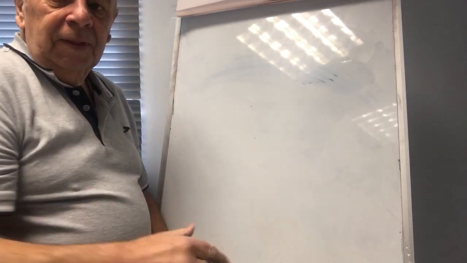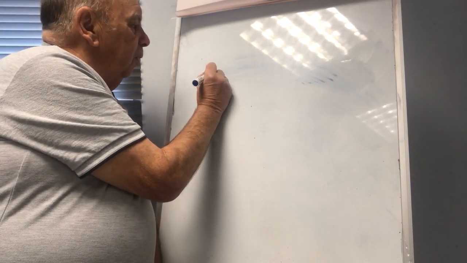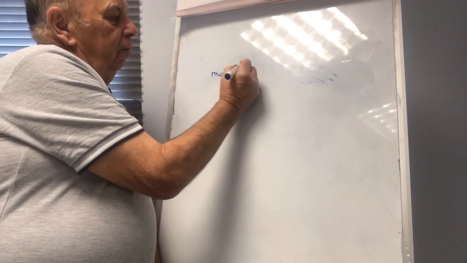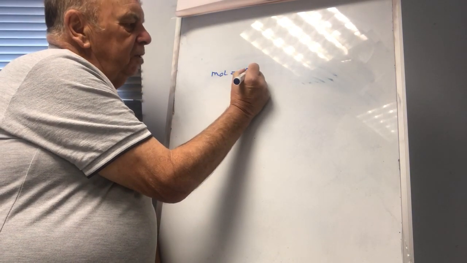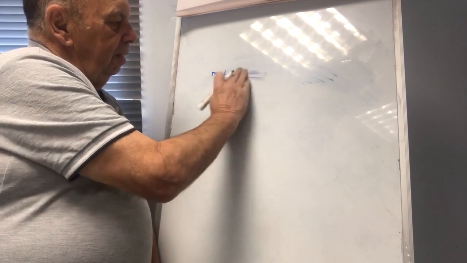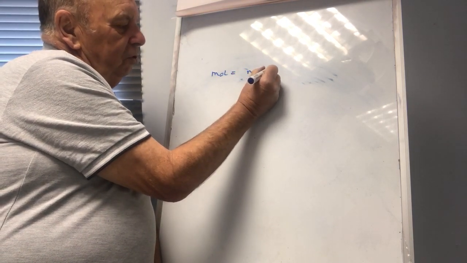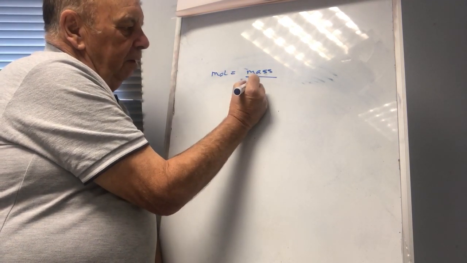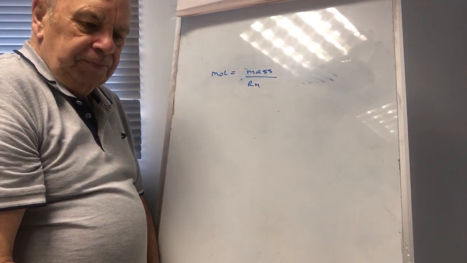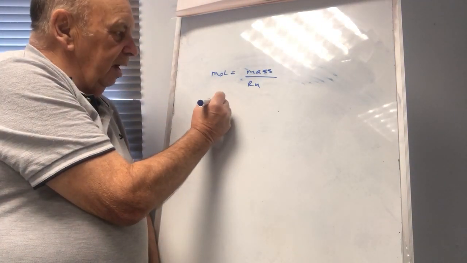Easy, eh? Or let me write it in an equation form. The number of moles equals the relative molecular mass. No, it's not. It's equal to the mass of the substance divided by the relative molecular mass. Let's go back to carbon dioxide again.